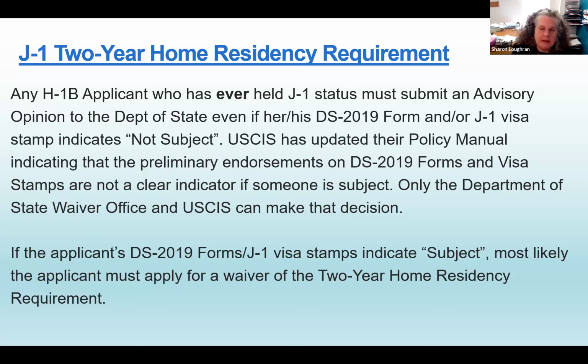It's really important that they have an advisory opinion from the Department of State that says they're not subject, or if they were subject, that they have a waiver from the Department of State and USCIS, or that they have fulfilled it back in their home country. Just know that this is really critical, and there's a reason why it is one of the first things in the H-1B application.